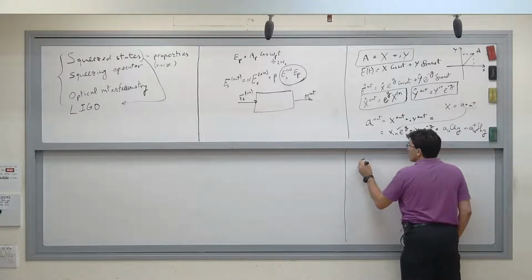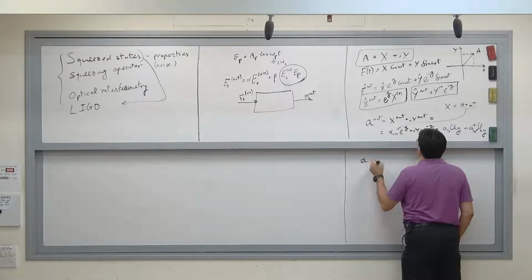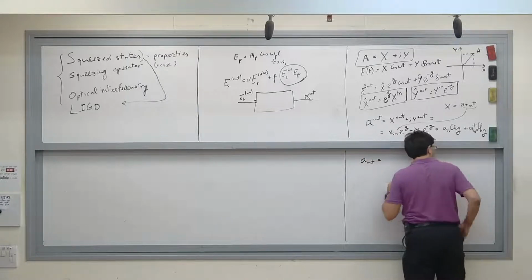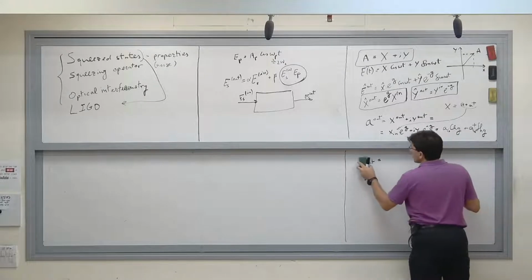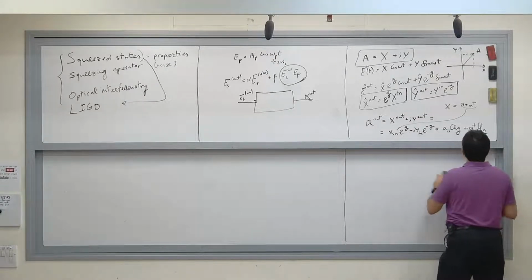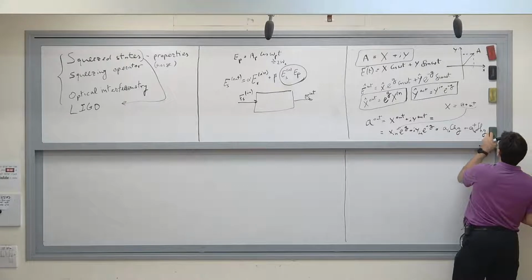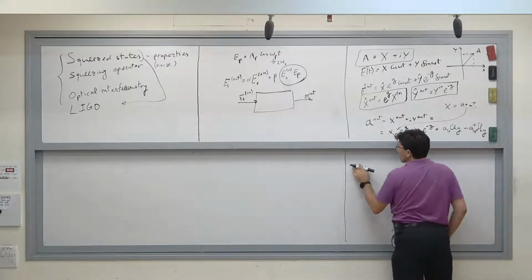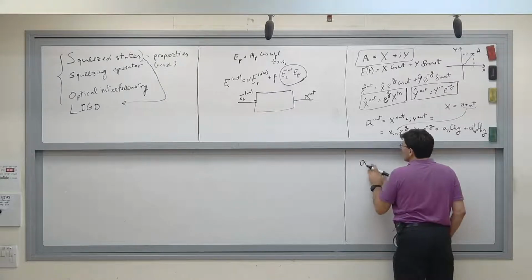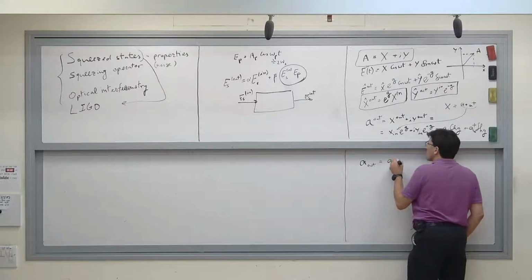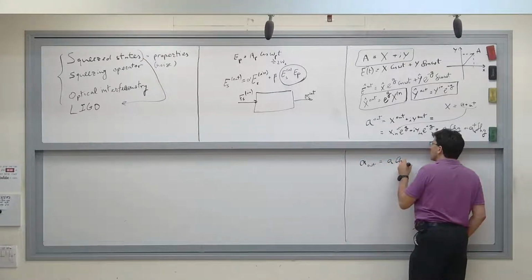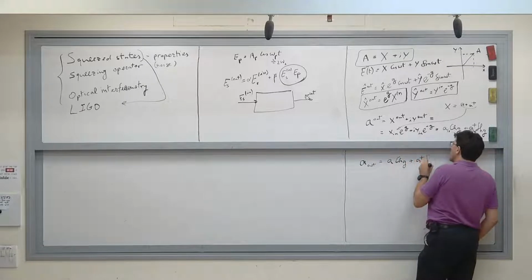So we're saying a out equals a hyperbolic cosine of g plus a dagger hyperbolic sine g.